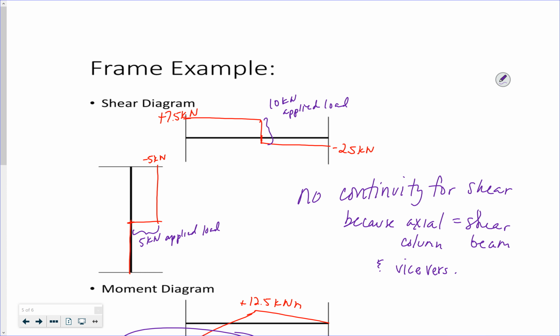Right? So that is how you do shear and moment diagrams for a frame.